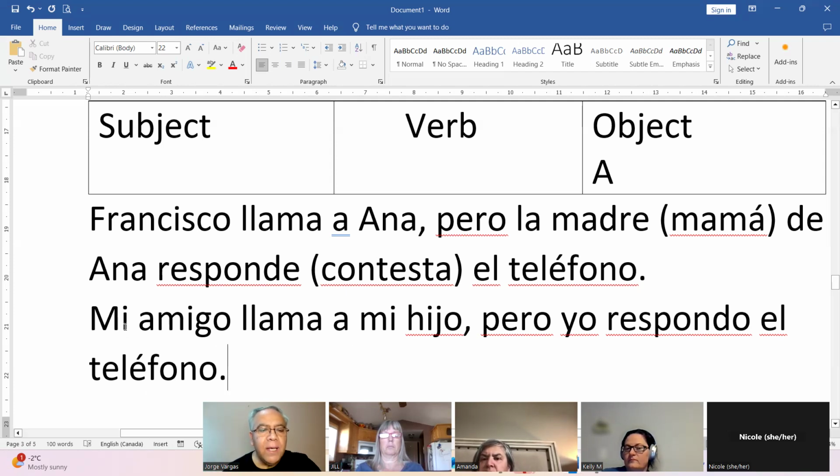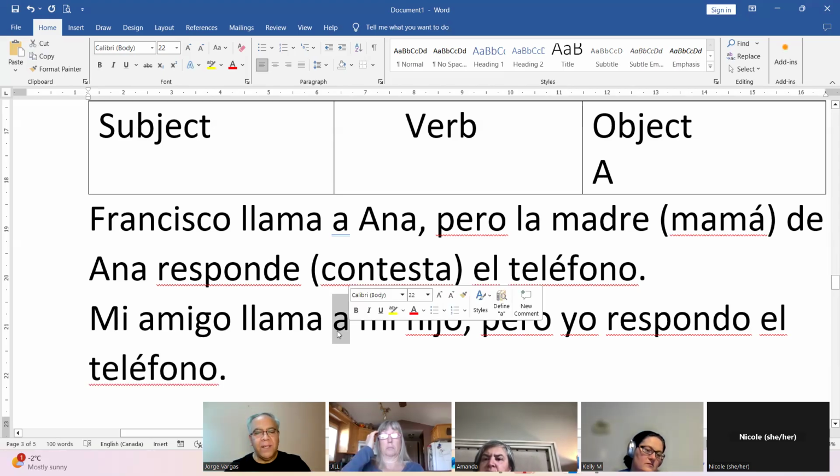Remembering that here I have vowel, so I will link it. And then only one on llama mi hijo, llama mi. And in this case, the tendency would be to keep the other a, because of the importance. Llama mi, and then link it.